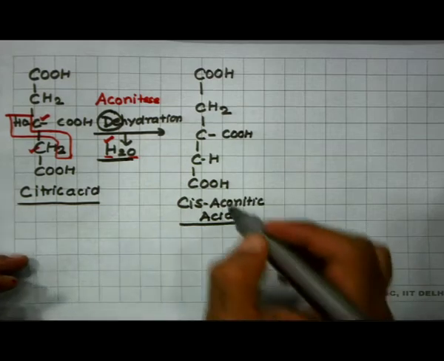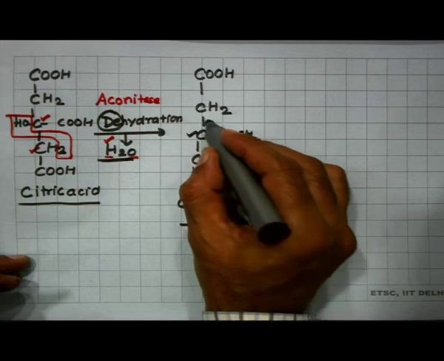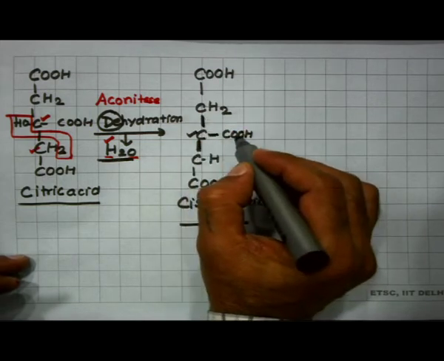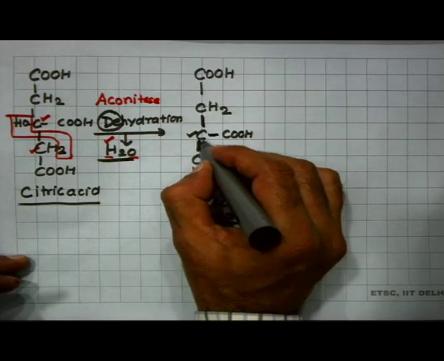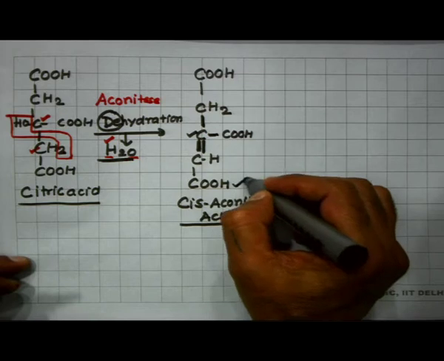But this structure is not correct, because this carbon has only 3 valency. So, one double bond is required. Now, this structure is complete.